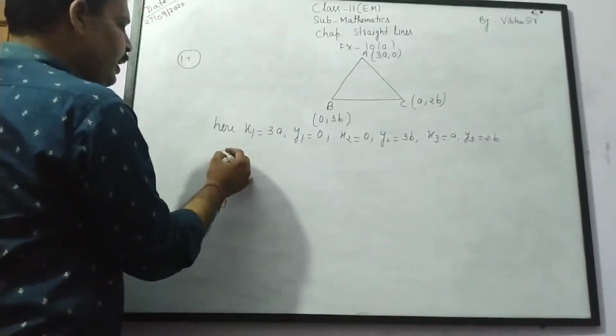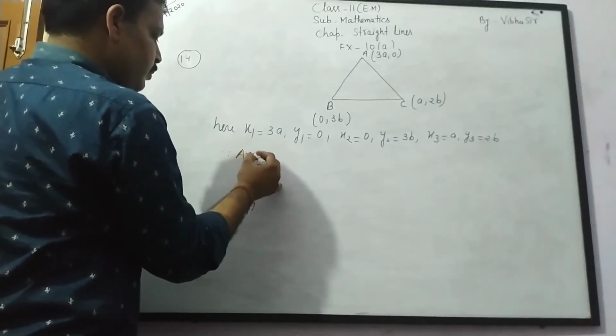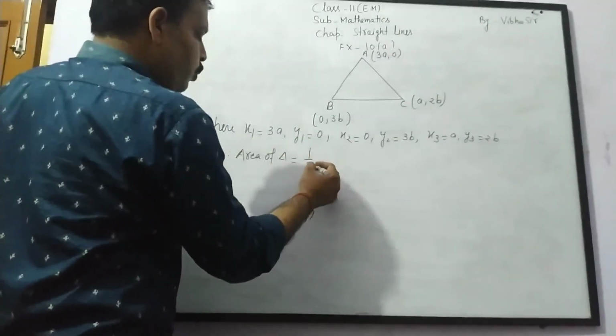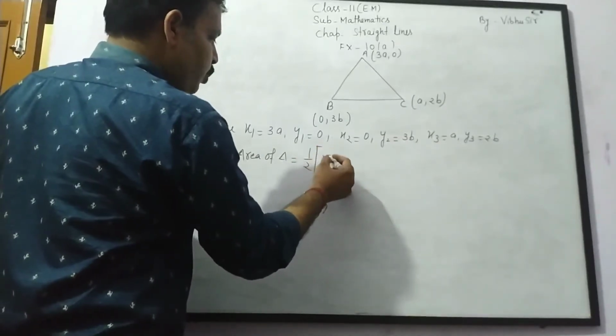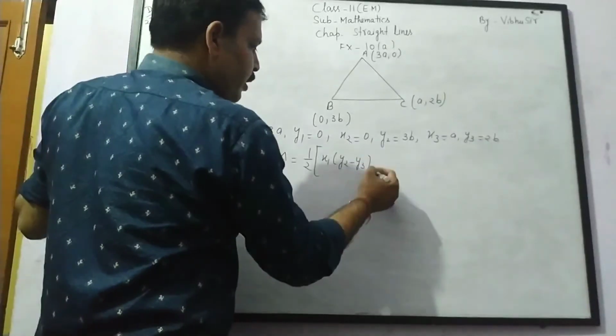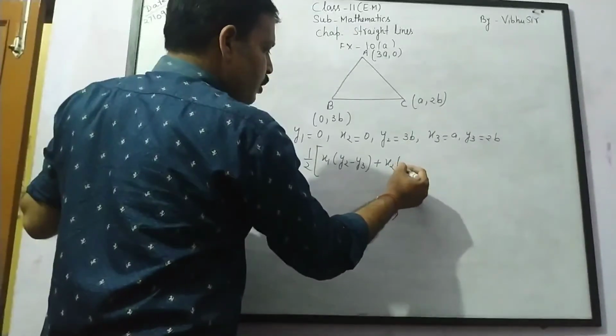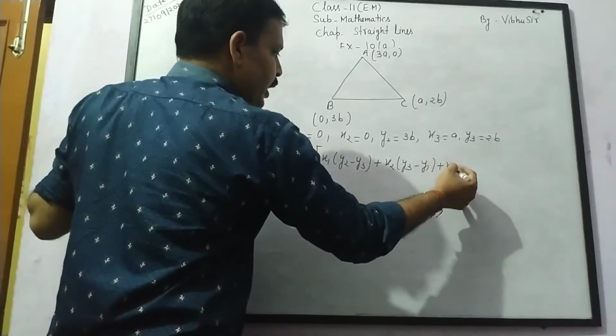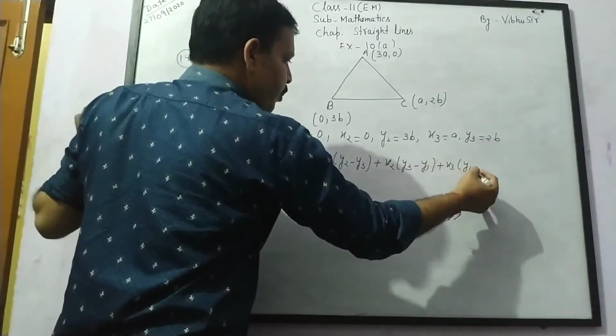We know that the area of a triangle equals 1 upon 2 times [x1 (y2 minus y3) plus x2 (y3 minus y1) plus x3 (y1 minus y2)].